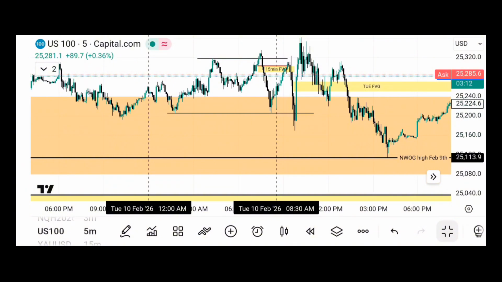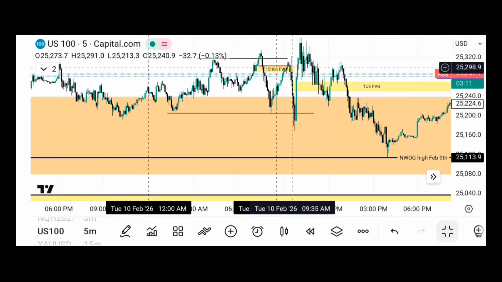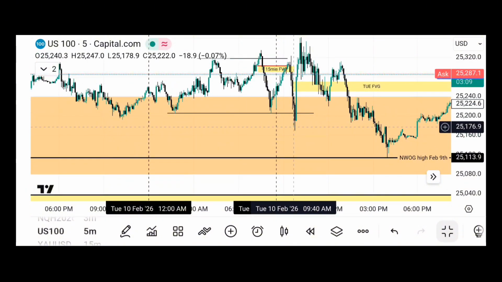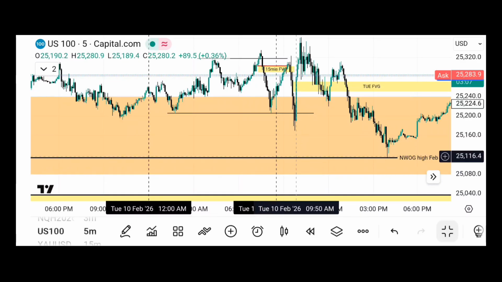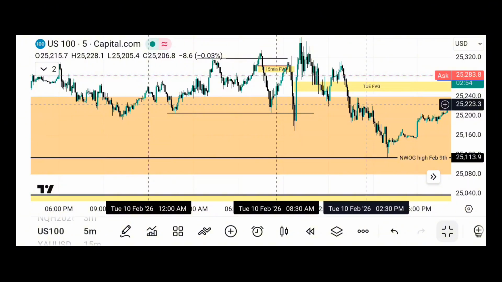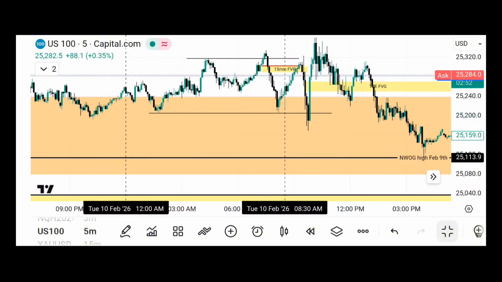So I was expecting a drop down in price, okay. I was expecting this drop to get into the new week open gap and then wait for a setup for price to rally higher, which I was wrong. And I'm going to talk a bit about trade management, and taking partials off your trade and stuff.